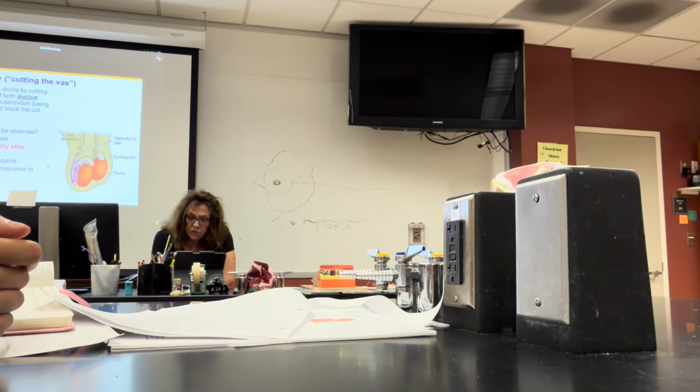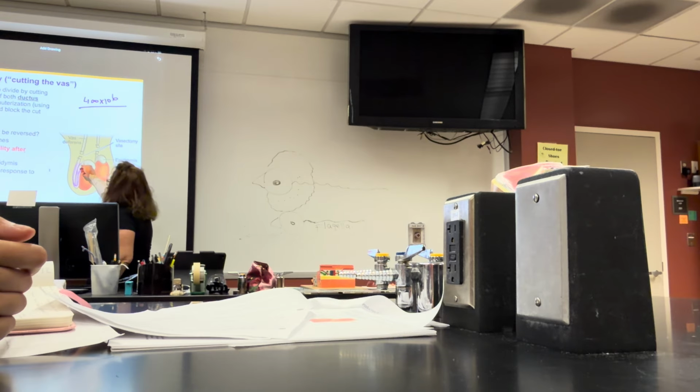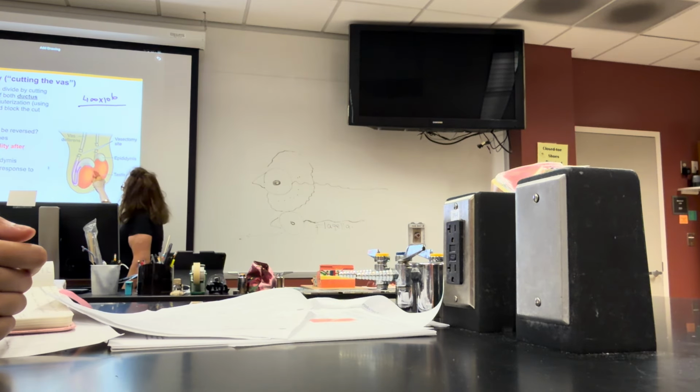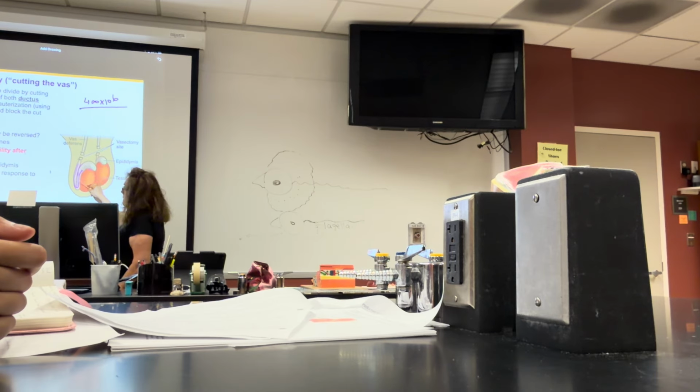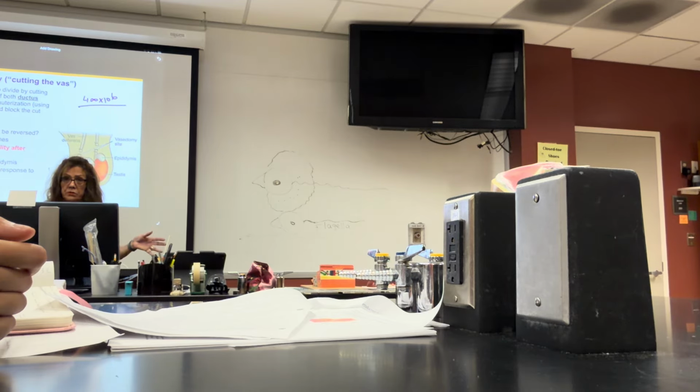So what is the problem with this is that every male produces about 400 million spermatozoa per day. So if you block this, ligate this tube, the spermatozoa enter the epididymis and accumulate, and the epididymis ruptures.